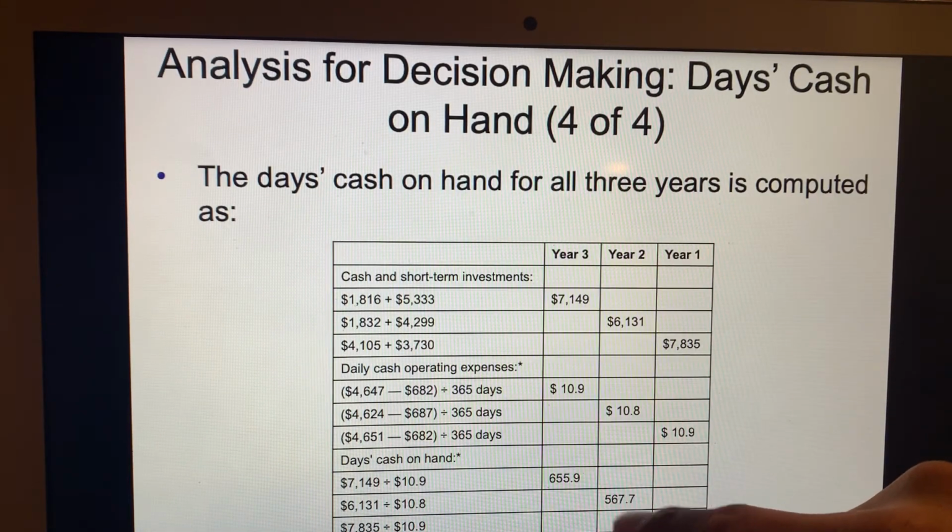This one is 567, 718. Obviously, you want to survive longer operating with the cash that you have on hand. So 718 at year 1 has the best rate, and the lowest would be 567. So you want this number to be higher, because that's saying that you can survive a longer amount of time with the cash amount that you have on hand.